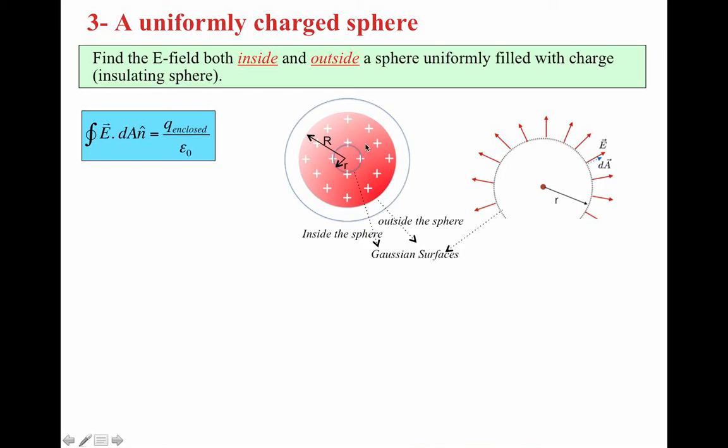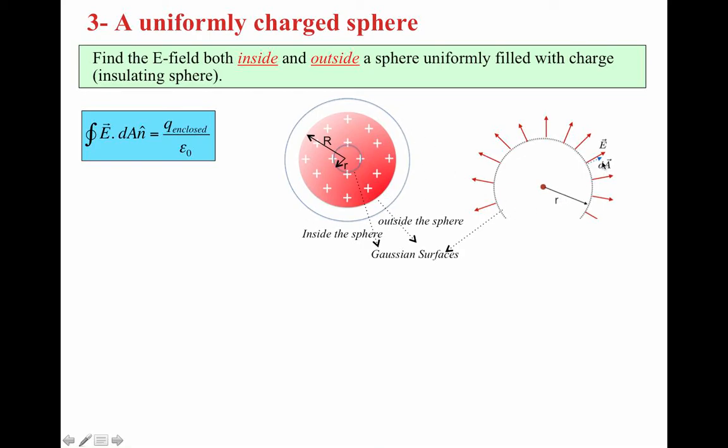Remember, this is a volume, so I'm going to use rho, and the total charge Q will be simply equal to rho times V. The red shaded region is my charge, and I'm asked to find the electric field inside, so this is my Gaussian surface with small r, and outside, this is my r.